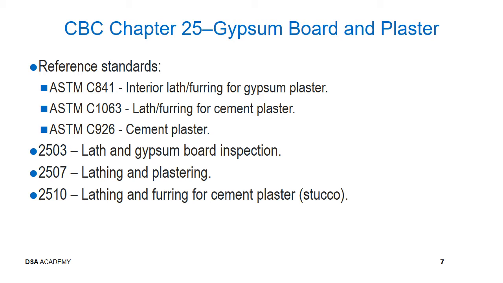CBC Section 2503 covers lath and gypsum board inspection. CBC Section 2507 covers lathing and plastering. CBC Section 2510 covers lathing and furring for cement plaster or stucco.